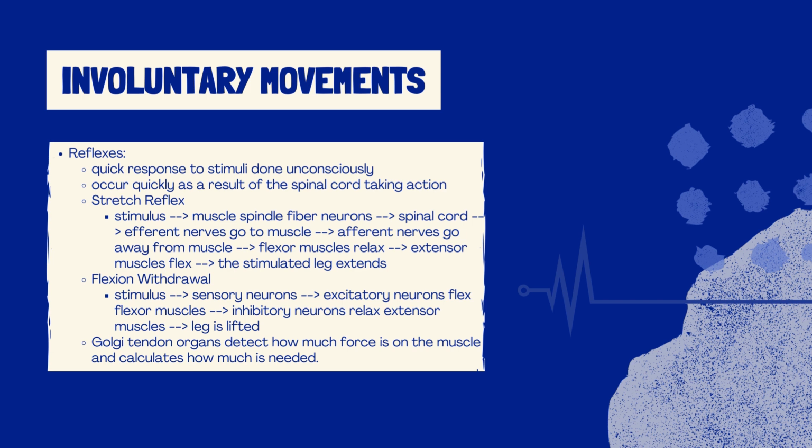From there, the efferent nerves go to the muscle, and afferent nerves go away from the muscle to the brain. Flexor muscles relax and extensor muscles flex. So basically, the flexor muscles are the antagonists, and the extensor muscles here are the agonists. The stimulated leg extends.